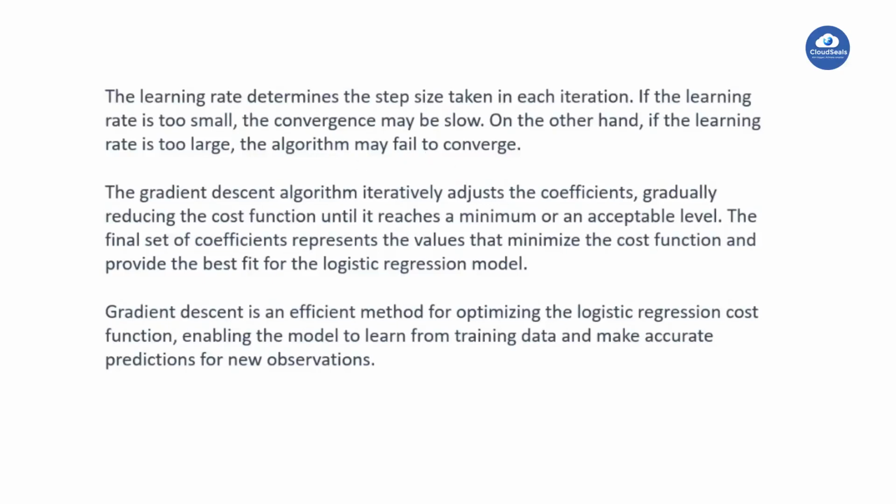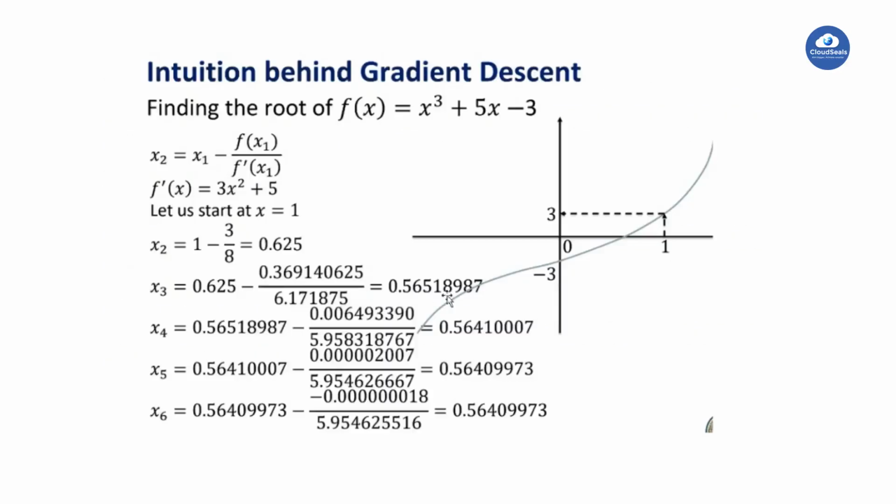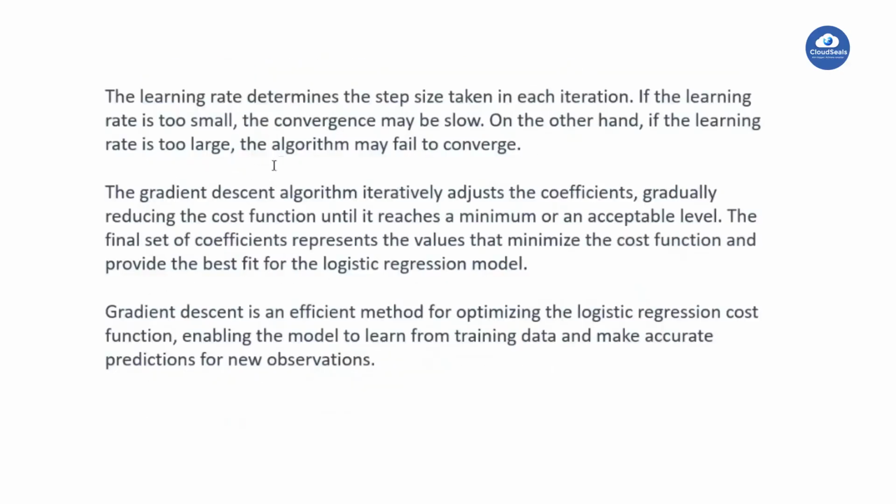If the learning rate is very big, we iterate 10 times, 100 times, but the cost function reduces very, very little. That means the algorithm may fail to converge.